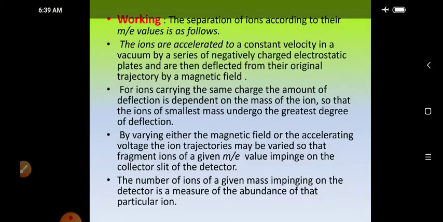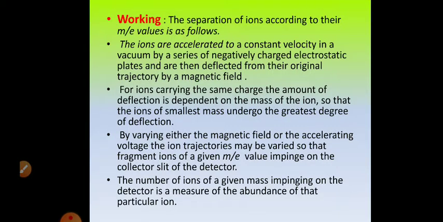Then the ions are accelerated to a constant velocity in vacuum by a series of negatively charged electrostatic plates, and they are then deflected from their original trajectory by a magnetic field. So they first come across negatively charged electrostatic plates, and then they come across a magnetic field.